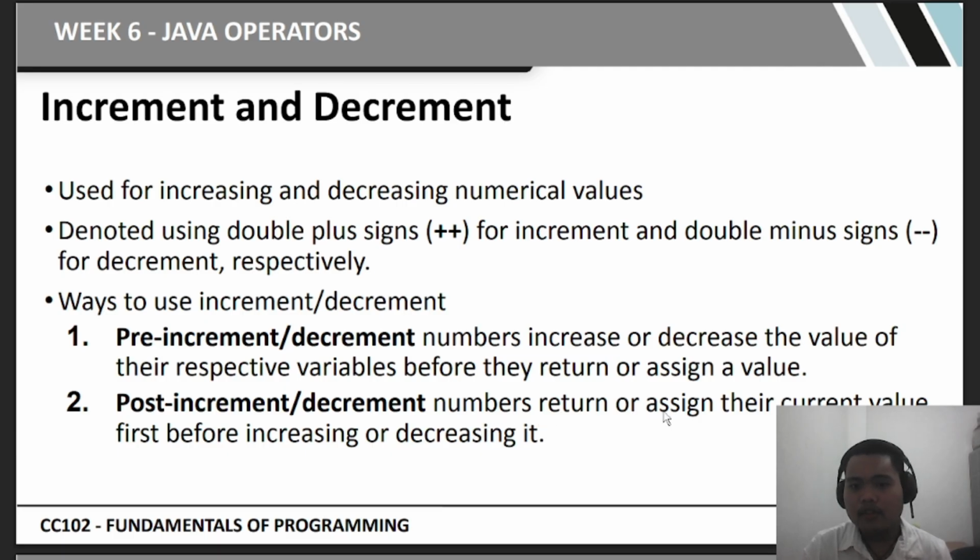The numbers return or assign their current value first before increasing or decreasing it, meaning that post-increment and post-decrement first assign their current value before increasing or decreasing it. What I mean is the current value of a variable will be increased or decreased after displaying the result.